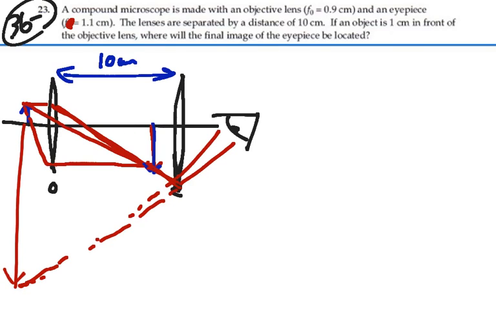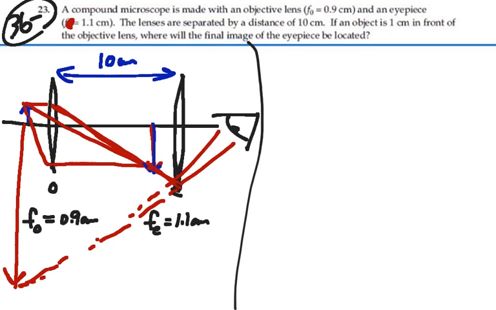So that's the purpose of the compound microscope, where we have an objective focal length of 0.9 centimeters, and we have an eyepiece focal length of 1.1 centimeters.